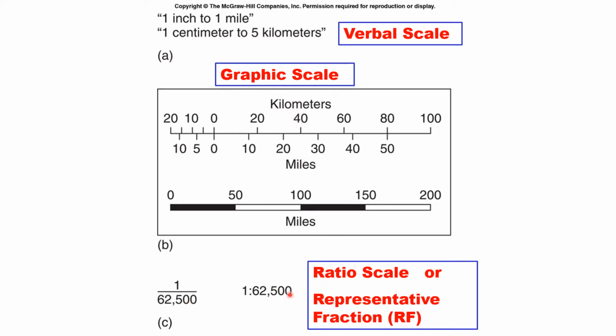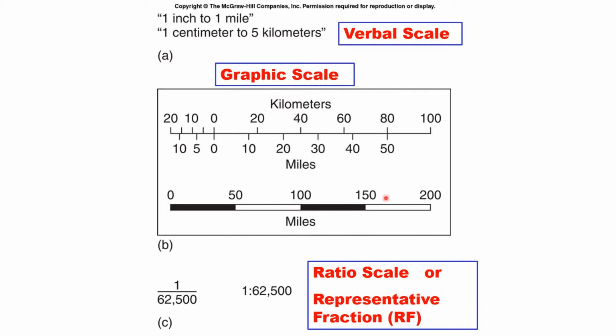That's the ratio scale. The thing about this, and a lot of people don't realize this when they're cutting and pasting maps, and I see this all the time, is where it has a ratio scale down in the corner of the map, and that of course is not right. It was correct when the map was originally drawn, but if it's been enlarged or reduced, all of that has to be recalculated.